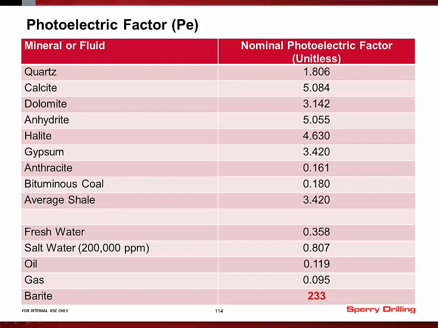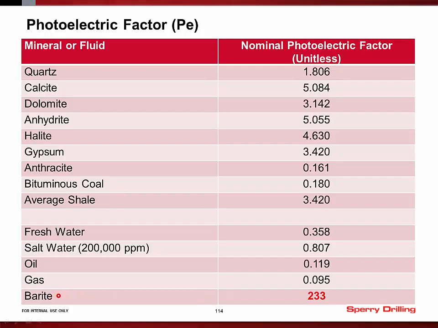Notice also that some of the fluids that you find also have PE associated with them. Water is 0.3, salt water is quite a bit higher. The thing that really gets us, though, is the barite. Barite is a weighting agent which shows up in drilling fluids and has an extremely high PE.